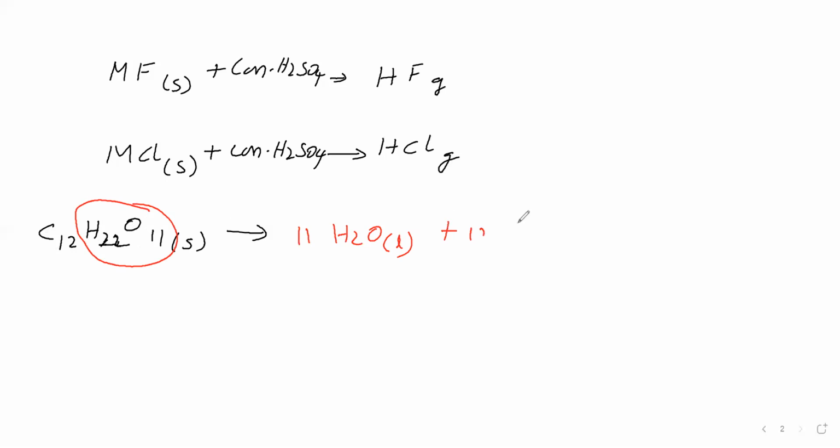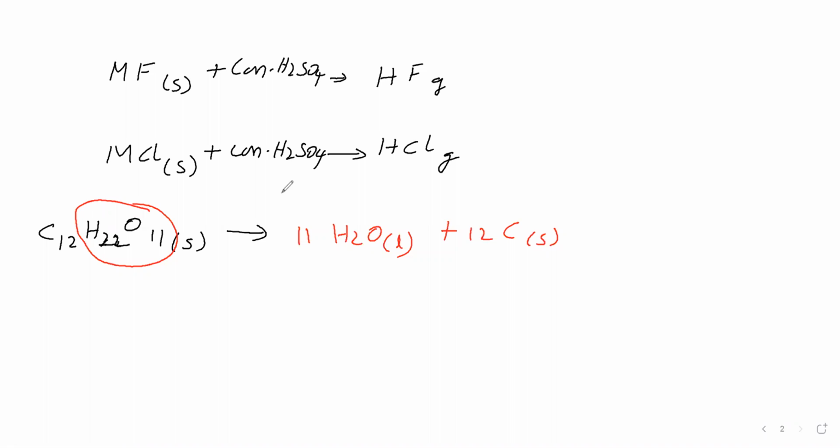Carbon is the rest. This is called charring of sugar. That means sugar is burnt off. So on adding concentrated sulfuric acid into sugar, sugar becomes carbon particles because all the hydrogen and oxygen atoms become water molecules, which are absorbed by concentrated sulfuric acid. Therefore, concentrated sulfuric acid acts as a dehydrating agent.